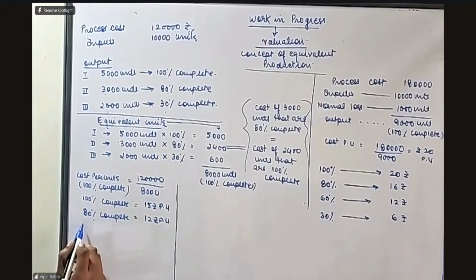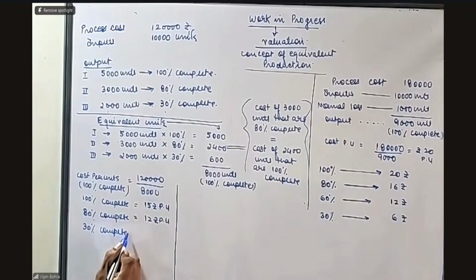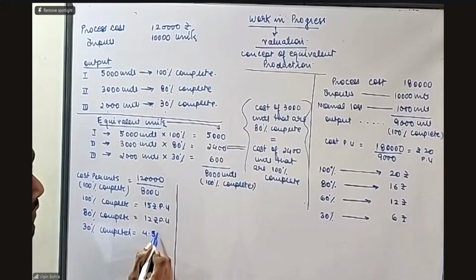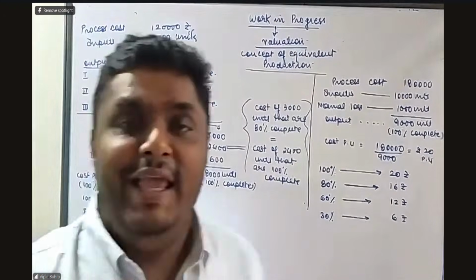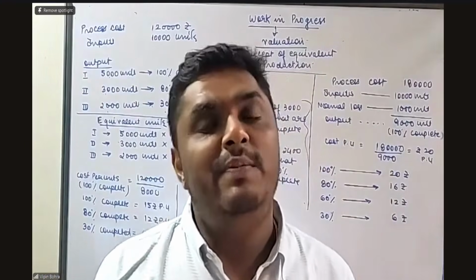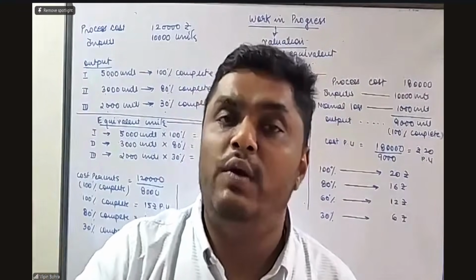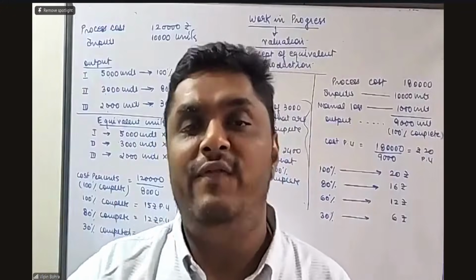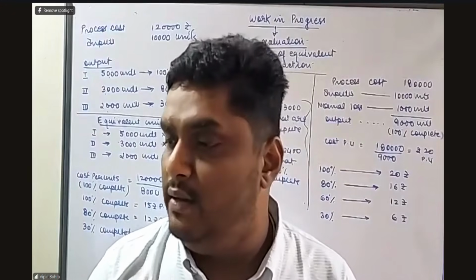If we want to calculate the cost of 30% completed units, this will be 4.5 rupees per unit. So the point is, if we are able to calculate the cost of the units that are 100% complete, it's easy for us to calculate the cost of the units that are 40, 50, 80, 60% complete.